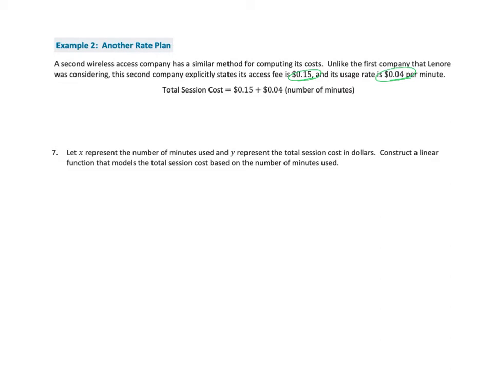So y is going to represent the total session cost. So we have y equals, and then we're going to add this in, 0.15 plus 0.04 times the number of minutes.